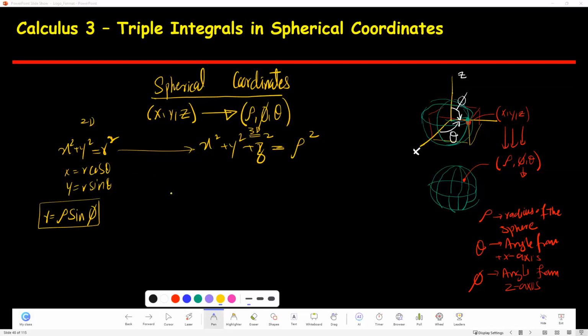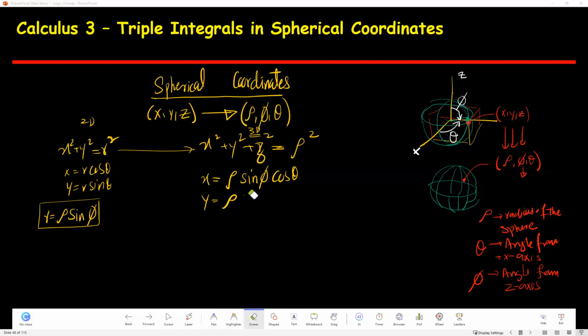So it's going to be x equals rho sin phi cos theta, and y equals rho sin phi again and then sin theta, because r is replaced by rho sin phi.